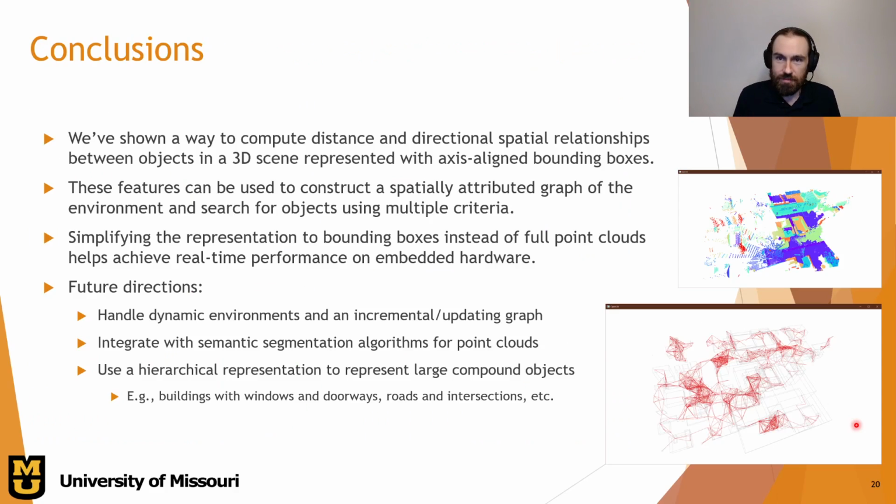So to wrap things up, this is a basic foundation framework for doing distance and directional computations in 3D space using bounding boxes, axis-aligned bounding boxes in particular. One of the things that we haven't done is looked at using oriented bounding boxes to see how much of an impact having the axis alignment really makes, because there are obviously a lot of simplifications and cases that don't work very well for axis-aligned objects.